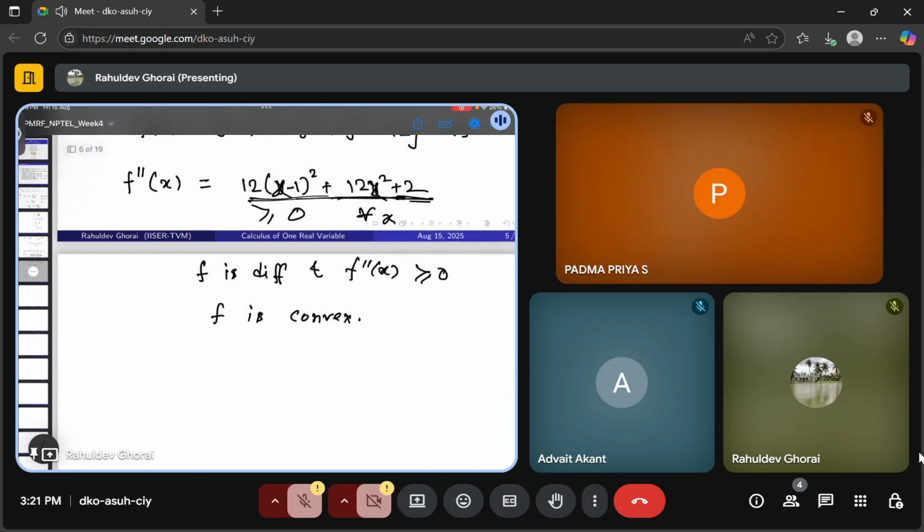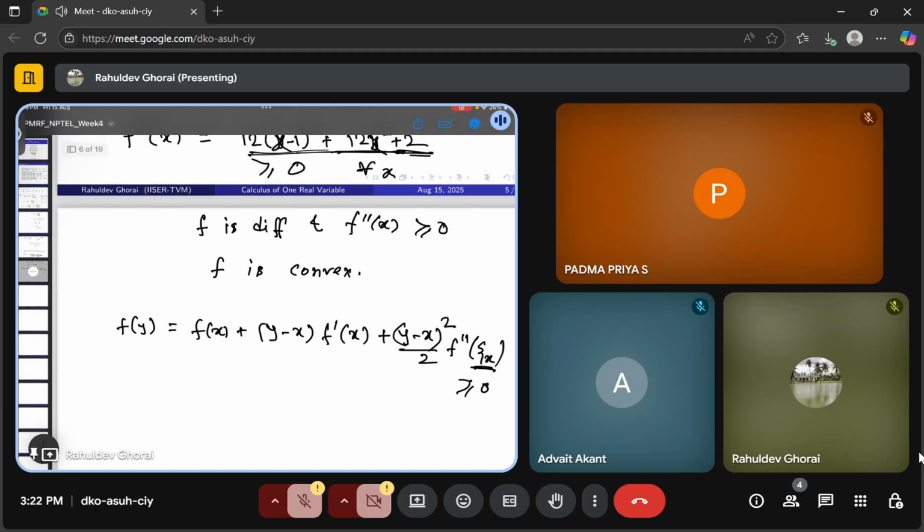So something you can write like this: from the Taylor expansion, f(y) equals f(x) plus, if I'm not wrong, (y minus x) times f prime x plus (y minus x) whole square over 2 times f double prime at some xi between x and y. So if f double prime is greater than or equal to 0 and (y minus x) whole square is greater than 0, you get f(y) is greater than or equal to f(x) plus (y minus x) f prime x.